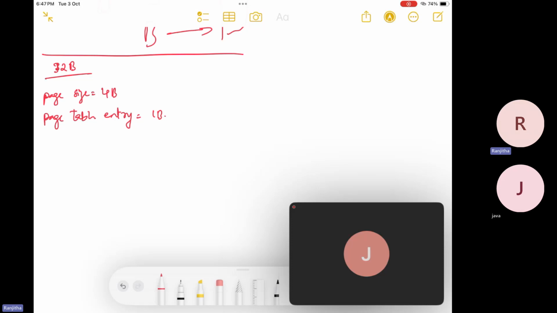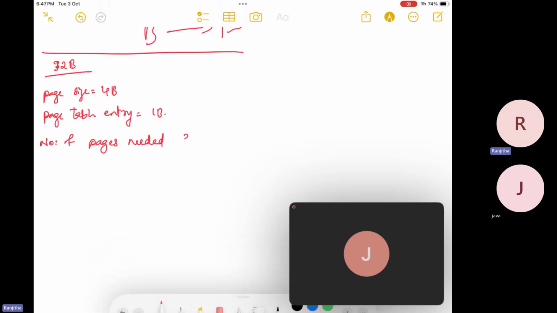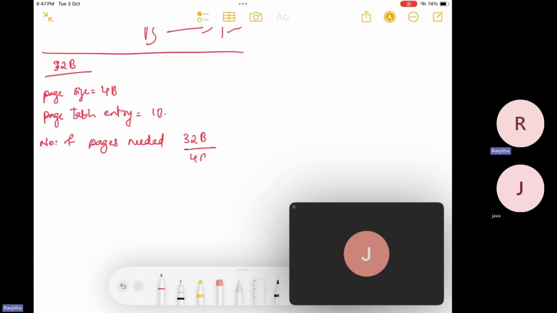So let us see how many pages will be needed for this process. The number of pages needed to store this 32 bytes of process will be 32 divided by the size of the page, which is equal to 8. So we will need 8 pages.